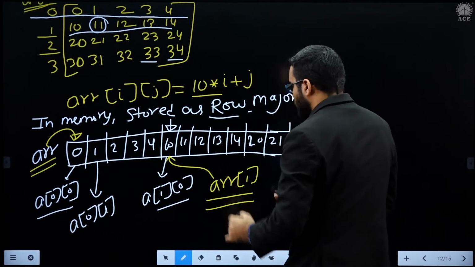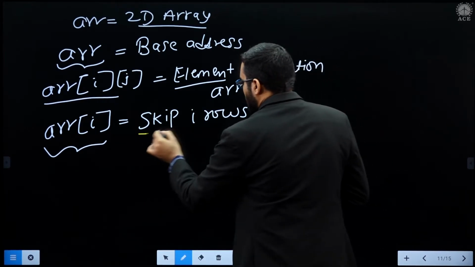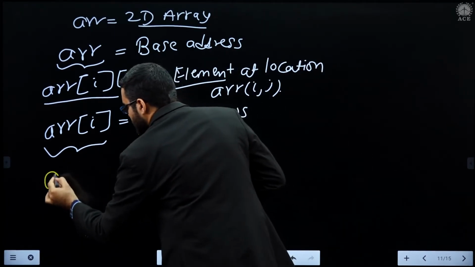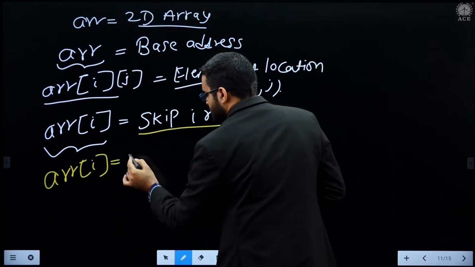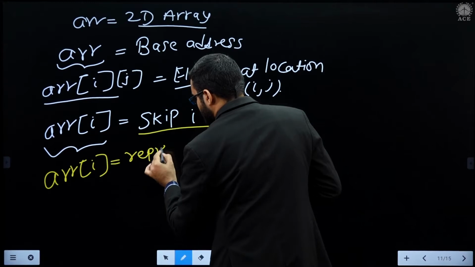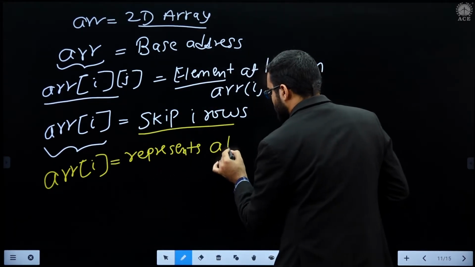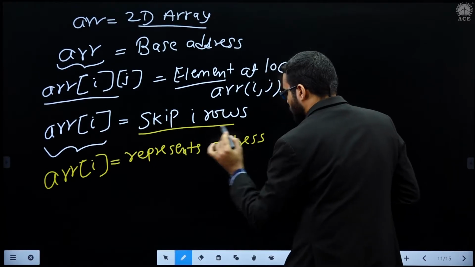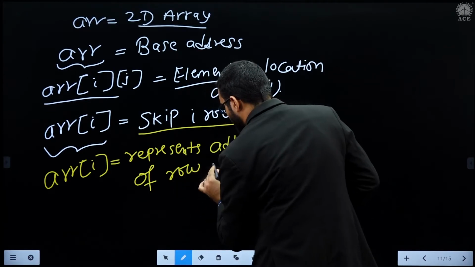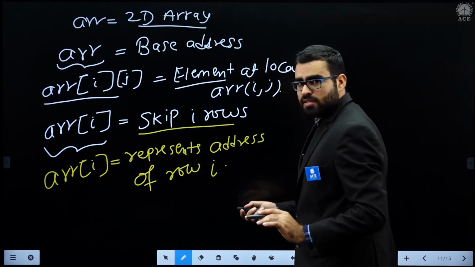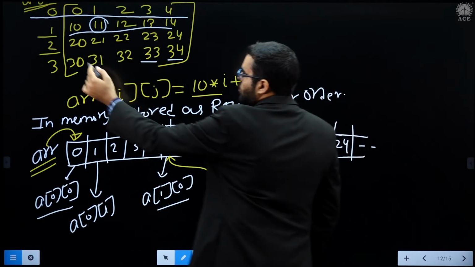So what is ARR of 1? It represents skip I rows, or I can say that ARR of I represents the address of row I. For example, ARR of 1 means address of row 1.